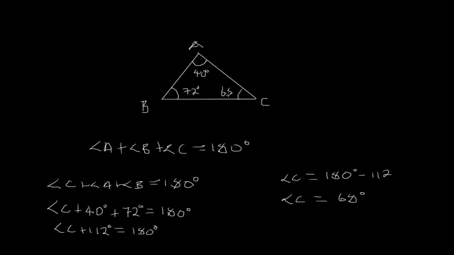The key point to remember is that angles in a triangle always add up to 180 degrees. This is a very good starting point even as we delve into circle theorem. Okay, so let's get into circle theorem properly.